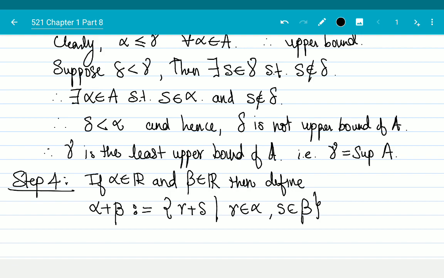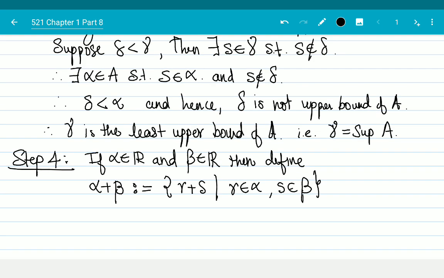Alpha and beta are subsets of rationals. We can add elements of rationals. Alpha plus beta is going to be defined as such an element, okay? We want to show that this addition actually makes sense and the axioms hold, okay?